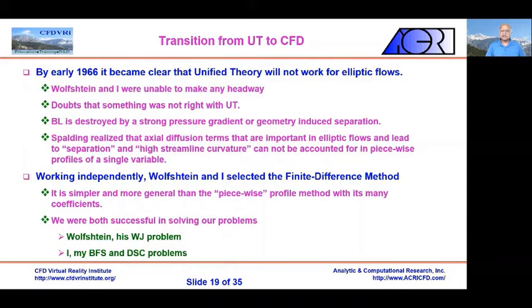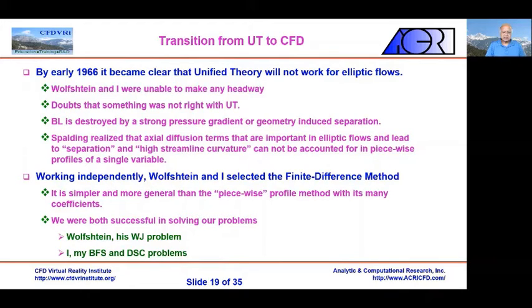Convection is becoming dominant in many situations, and diffusion is becoming dominant in high streamline curvature and separation flow, which was not accounted for in the piecewise profile of a single variable. We'd have to extend the piecewise profile method to add additional profiles. So that was not a job that seemed worth doing.